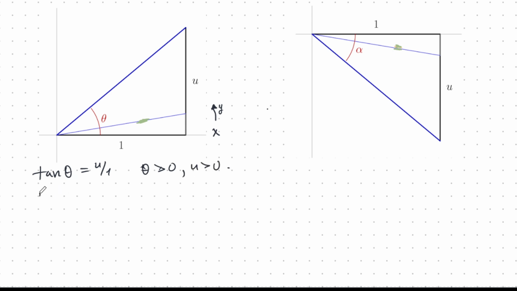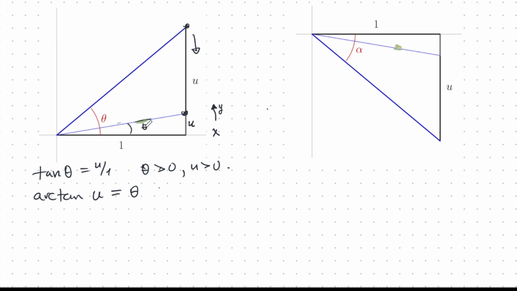Very good. So arctan of u is then theta, and this is positive. Now, let's make u small. I'm going to take this point here and reduce it down in size until it comes down to here, and I'll get a small u, and that's what this blue line is about.